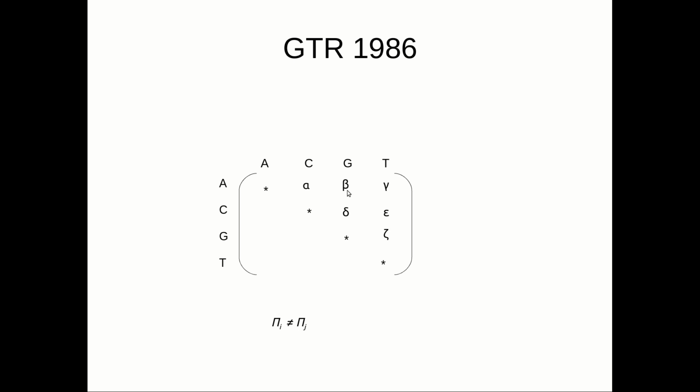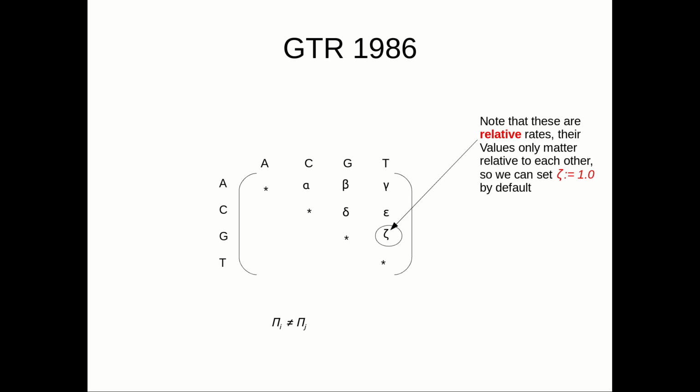For example, you could say that from A to G I also go with a rate of alpha. There are various ways of defining those models, and given all possible configurations of parameters in this rate matrix, there are 203 possible configurations. From the most complex one, GTR, that has 6 rates, to the most simple one, Jukes-Cantor, that has just 1 rate, there are many ways of setting up intermediate models with 2, 3, 4, or 5 rates.